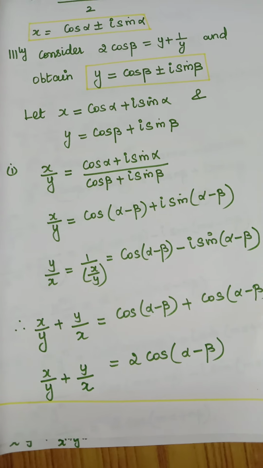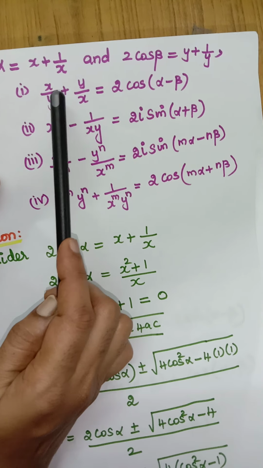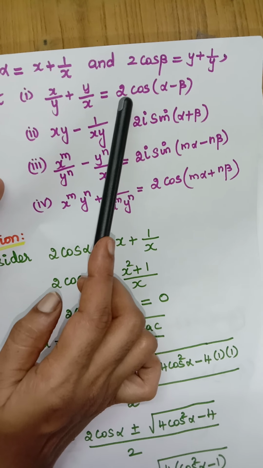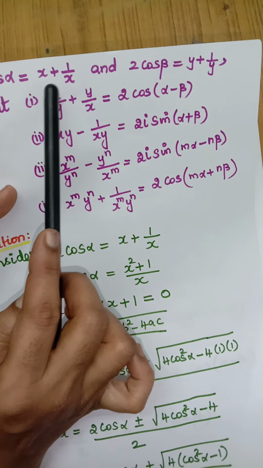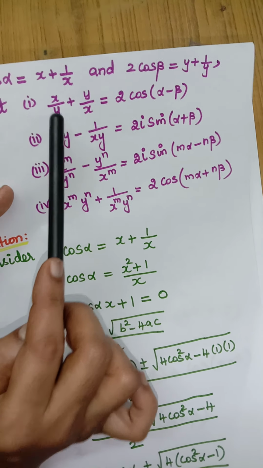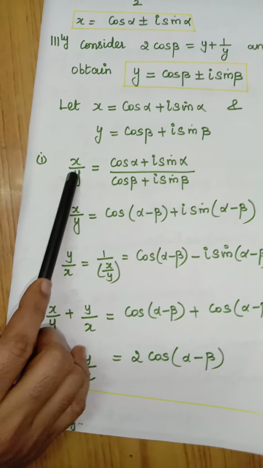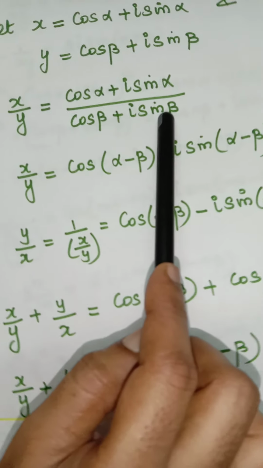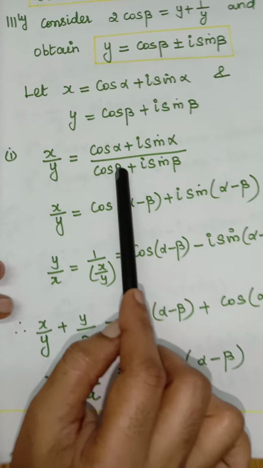Okay, so you see the result. What is the result you have to prove in the question? First subdivision, x by y plus y by x is equal to 2 cos of alpha minus beta. So first I'll consider the left side of first term. What is it? x by y. Okay, so it is x term I have written, y term I have written. Yesterday we have seen the properties of polar form.